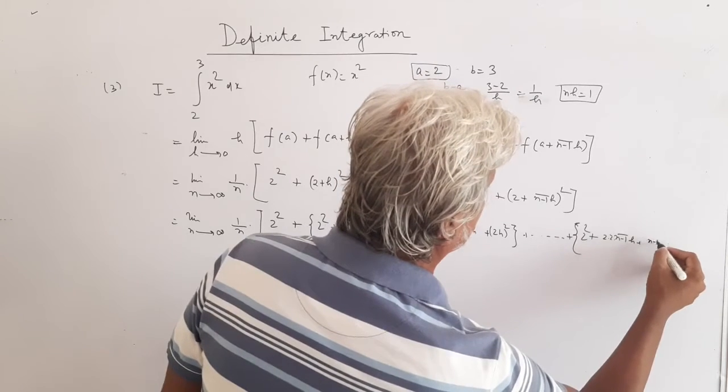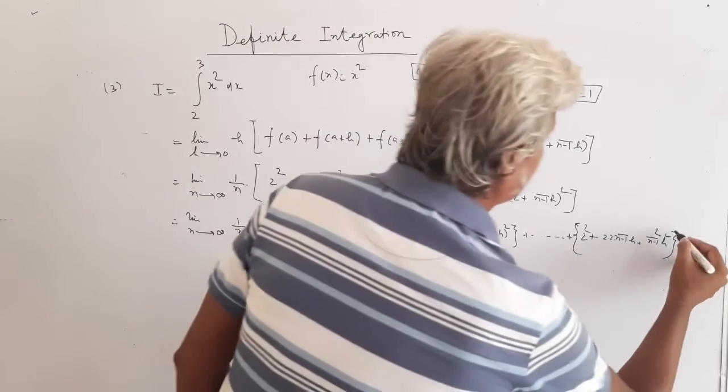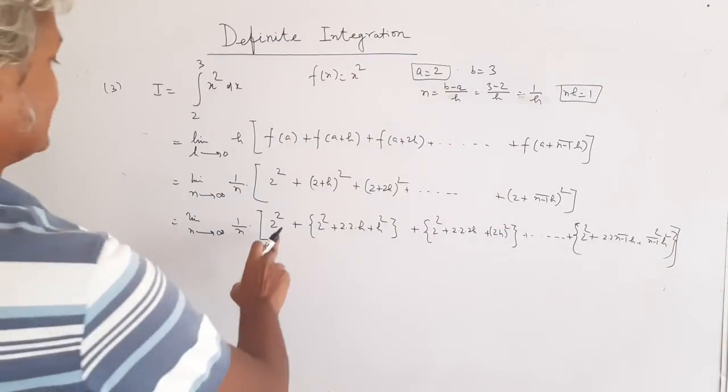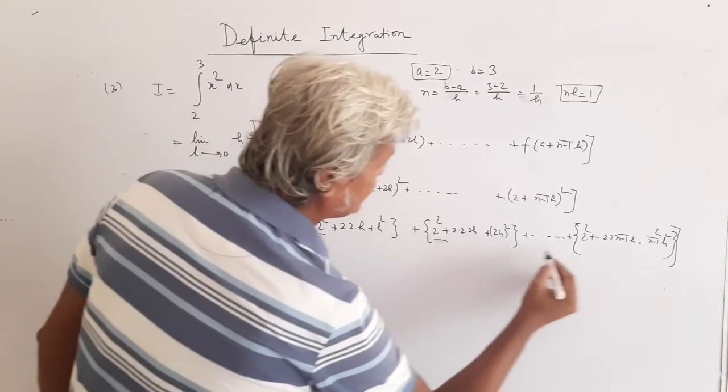Now I take a grouping, see 2 square is here, 2 square is here, 2 square is here, 2 square is here.